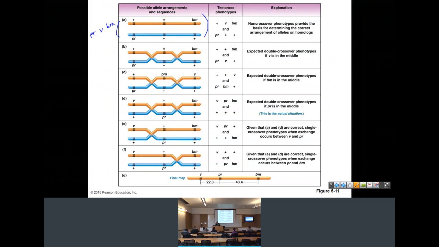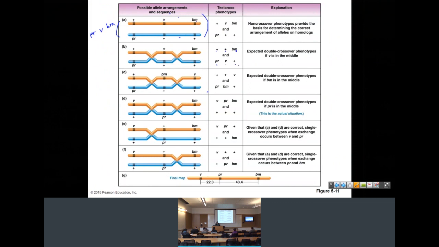Those are the parentals, non-crossover. So start looking at the offspring and see which ones are different than the parental. These are the possible arrangements. This should have been the parental. So what's different than here? Here we have plus V BM. So now we have plus BM. PR V plus plus.